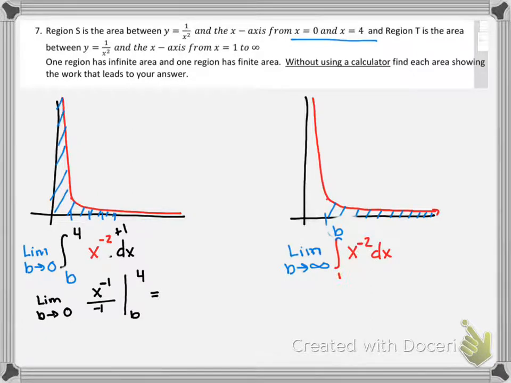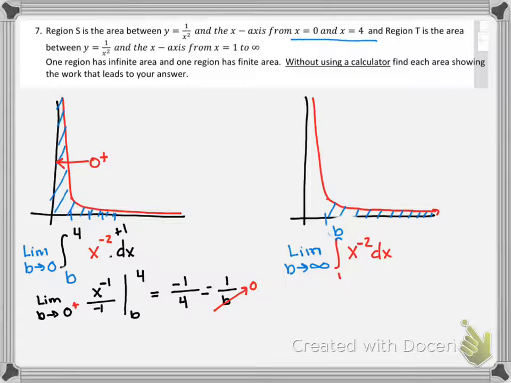So then that will be negative 1 over 4 minus a negative 1 over b, as this b is approaching 0. And that, of course, would have to be from the plus side because we're approaching 0 from the plus side, or the right side.